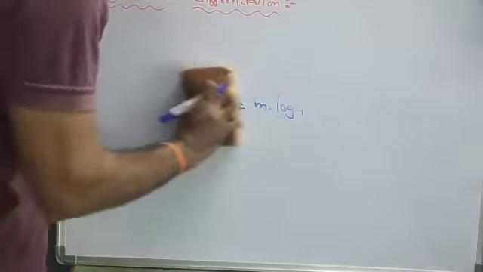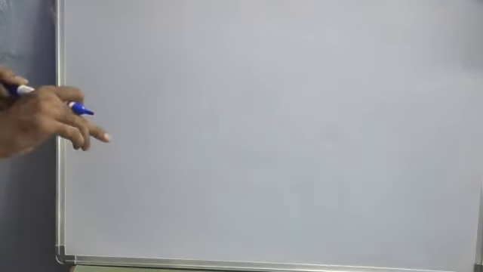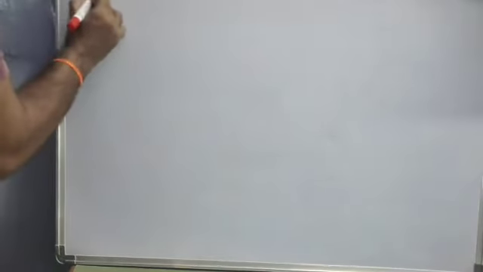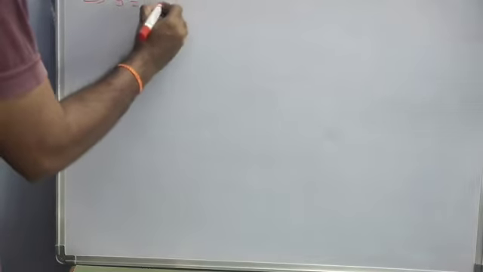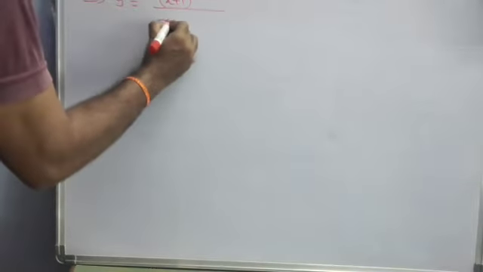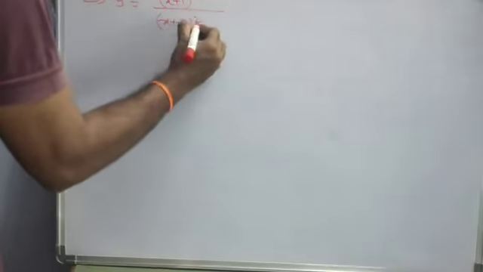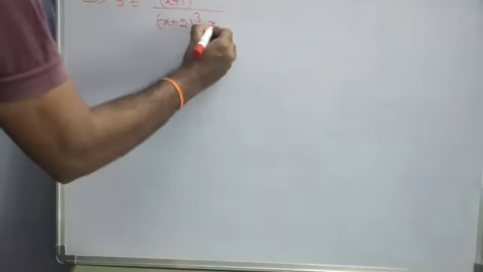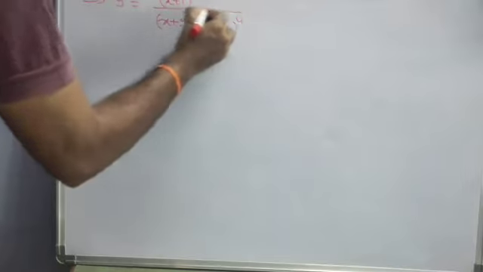Okay, now I will take some problems and I will solve the problems by using logarithms. Okay, so I'm taking the first problem, y equal to x plus 1 whole square by x plus 2 whole square into, here I'm taking the whole cube, into x plus 3 whole to the power of 4.